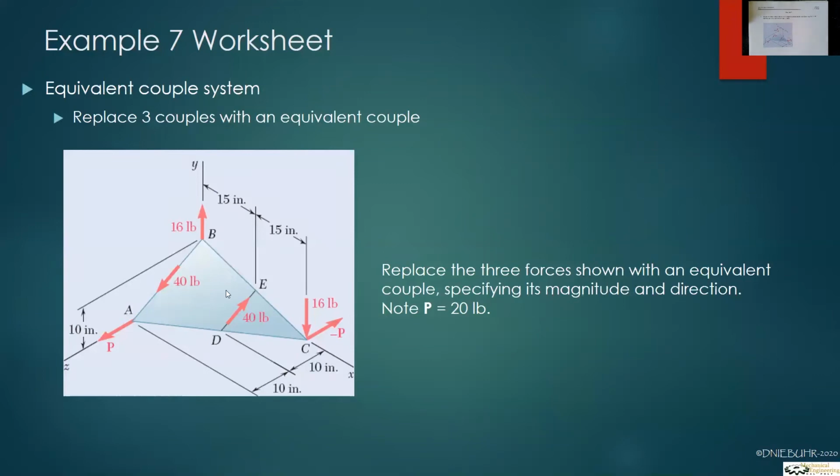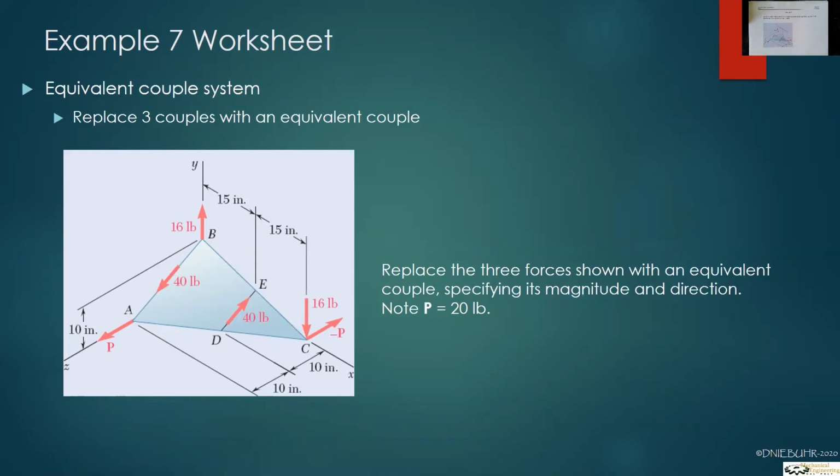Before you even start anything, look at this and realize that the 16 pounds are creating a negative rotation about the z-axis. If you take your hand and hold your thumb away from you and curl your fingers toward you, you'll see your thumb is pointing away. That's the rotation direction of the 16 pounds. It's wanting to go clockwise relative to the negative z-axis. So it's negative.